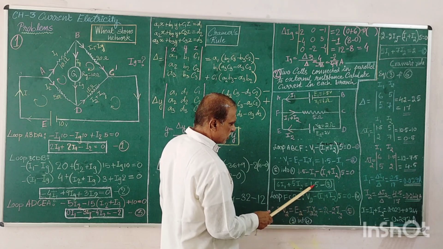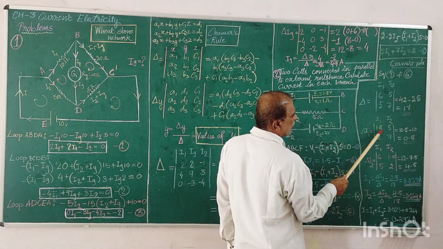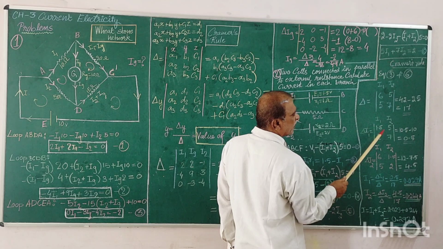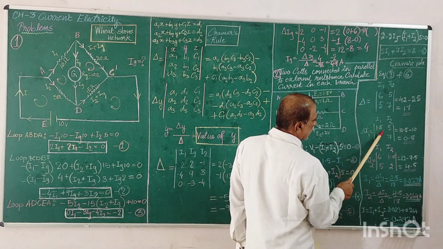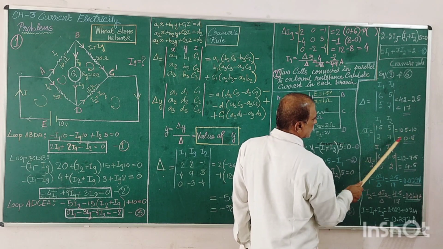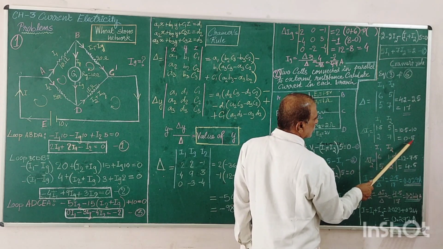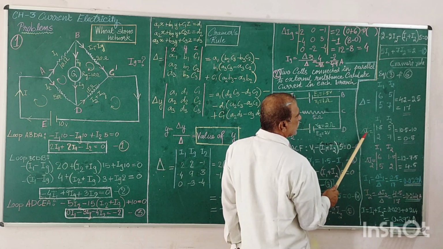What are the constants? 1.5, 2. Find the determinant: product of this minus product of this, that is 0.5. So 0.5 is the determinant of this. Let us call it delta I1.